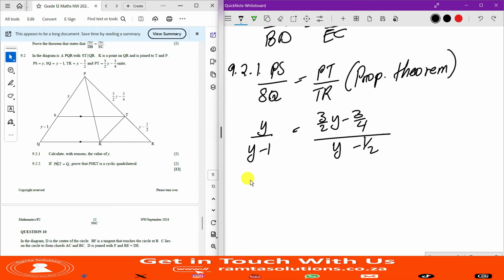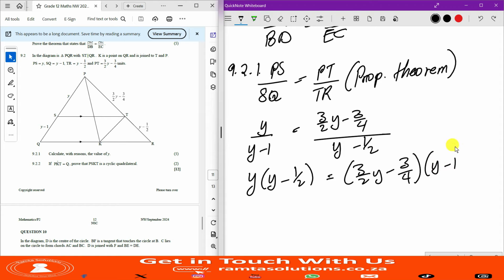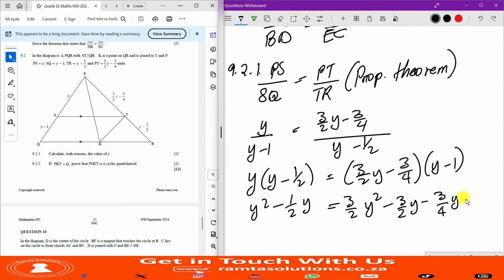So cross multiply: y times (y minus half) equals (3 over 2 y minus 3 over 4) times (y minus 1). Here we have y squared minus half times y. And here we have 3 over 2 y squared minus 3 over 2 y minus 3 over 4 y plus 3 over 4, isn't it?